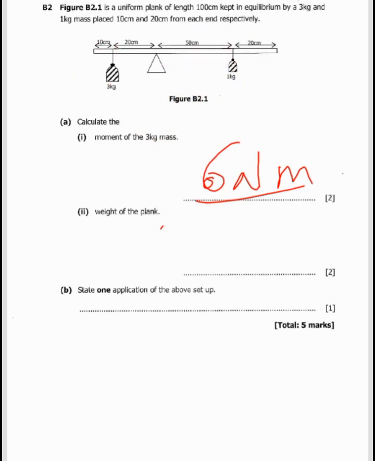This point must be well known because it's a reference point. Since we are following the principle of moments, we'll say F1 times D1 is equal to F2 times D2. F1 times D1 means force 1 times distance 1, that is the 20 there.